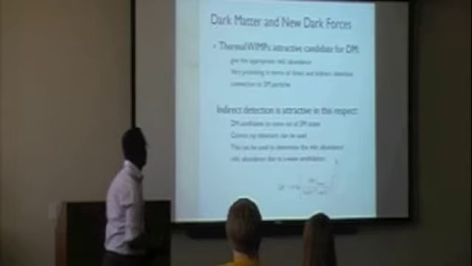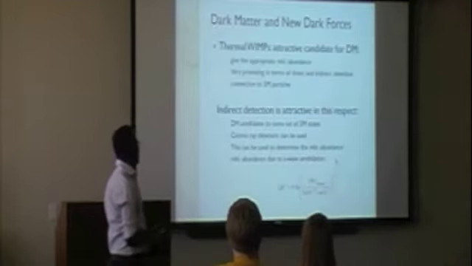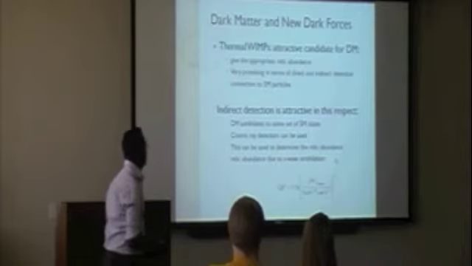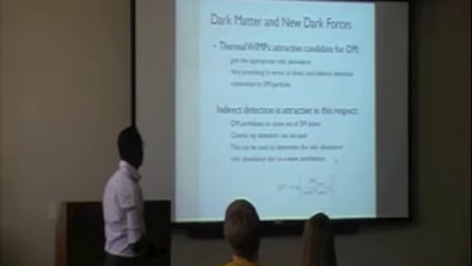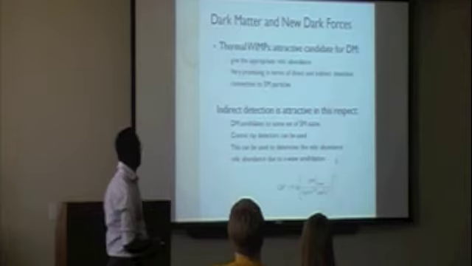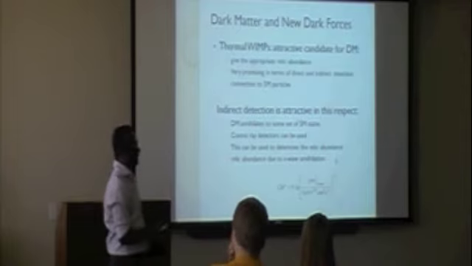Thermal WIMPs remain an attractive candidate for dark matter because they give the appropriate relic abundance, and they are very promising in terms of direct and indirect detection because they have a connection to the standard model particles.